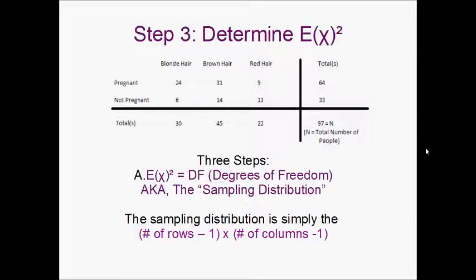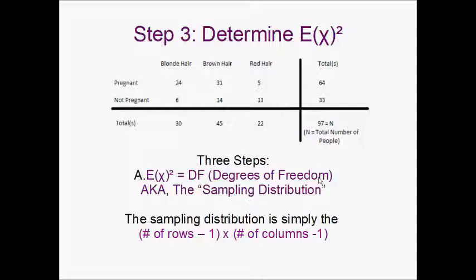Step 3, we need to determine the expected frequency. How do we do that? It's pretty easy, but for step 3 there are actually 3 parts. The first part is determining the expected frequency. The expected frequency is the degrees of freedom, which we'll get to in a bit, why we're going to need degrees of freedom. This is also known as the sampling distribution.